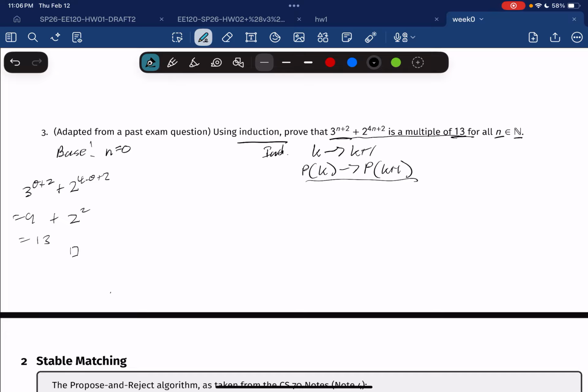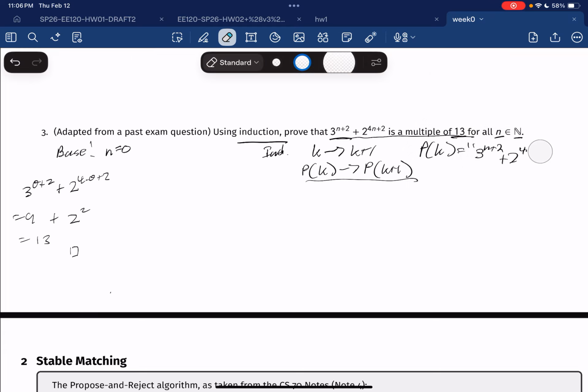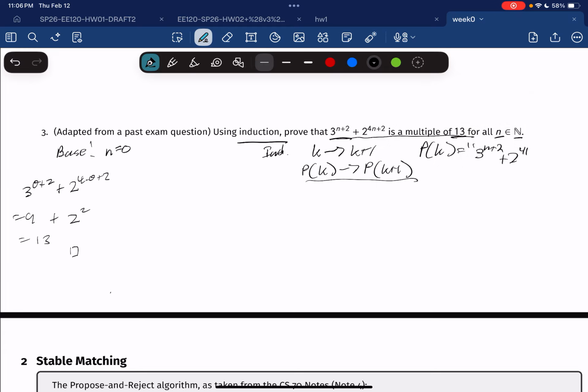In our inductive case, the proposition P(k) that we assume is true is this statement: 3^(k+2) + 2^(4k+2) is a multiple of 13.